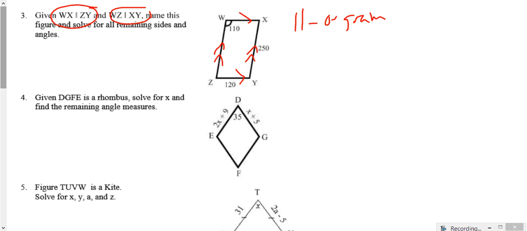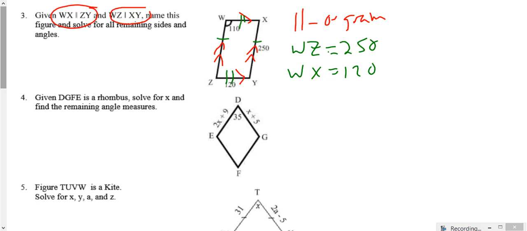If that is the case, based on that information, then we can make statements that opposite sides are equal in length. So that means WZ is 250 because opposite sides are equal length. Therefore, WX is equal to 120. So we're utilizing this information here.